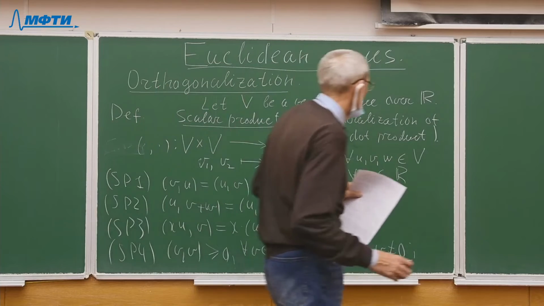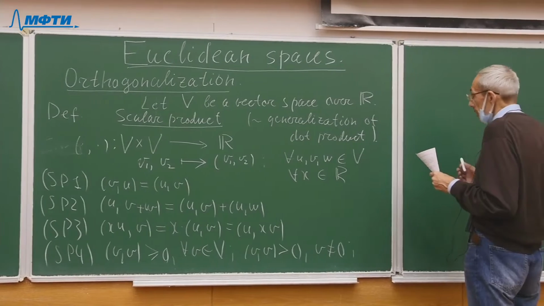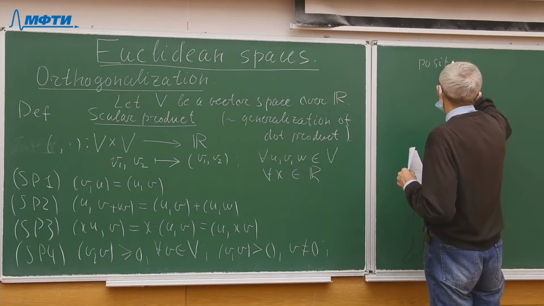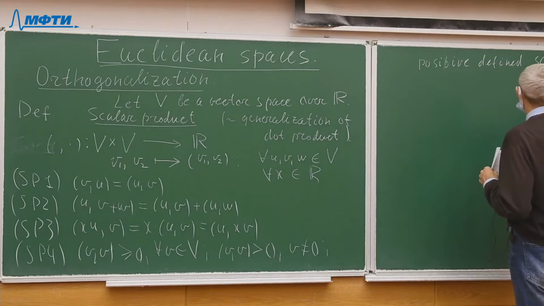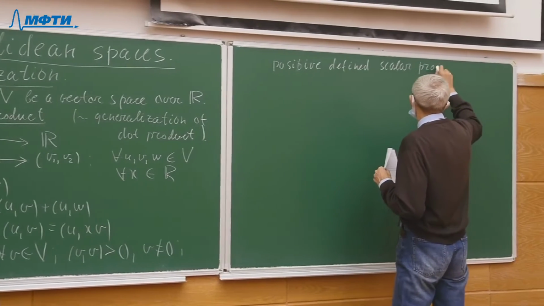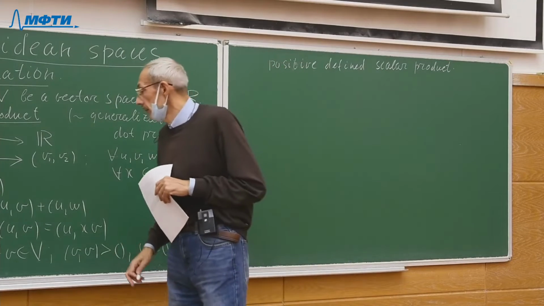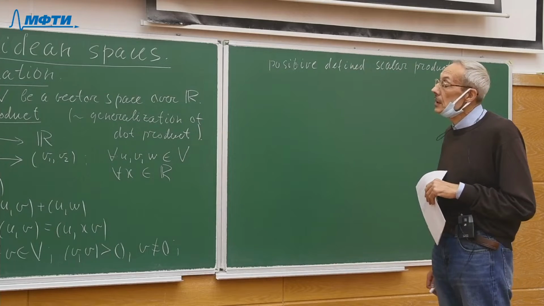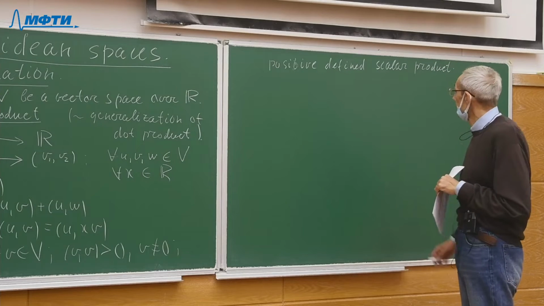If the last condition is fulfilled, we are dealing with a so-called positive definite scalar product. If the last condition is not fulfilled, we are dealing with a so-called indefinite scalar product.